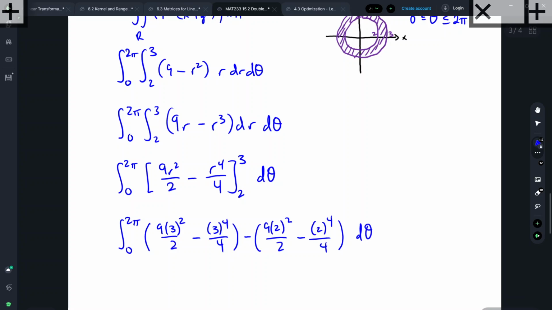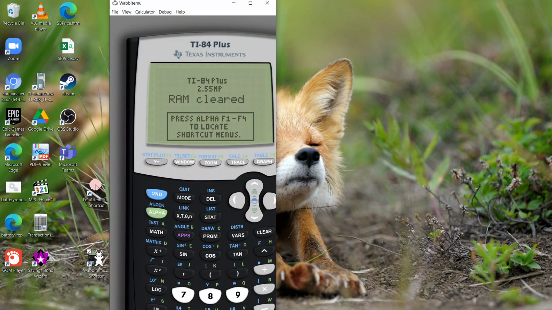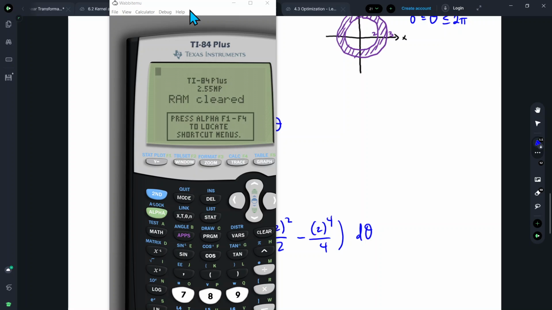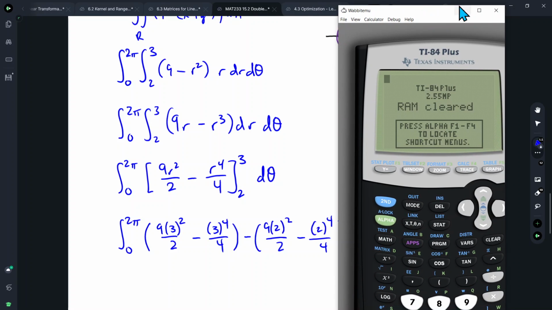So what is this equal to? Let's just calculate this to make things easier.